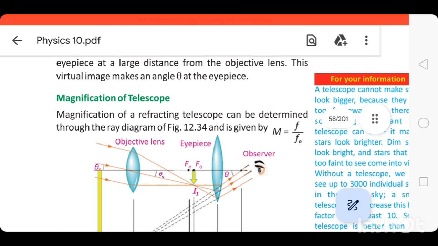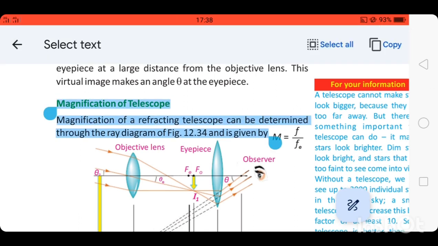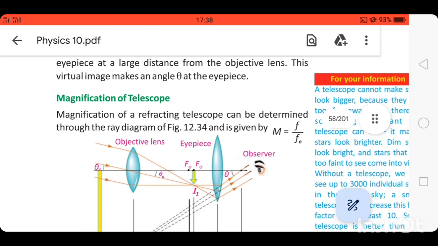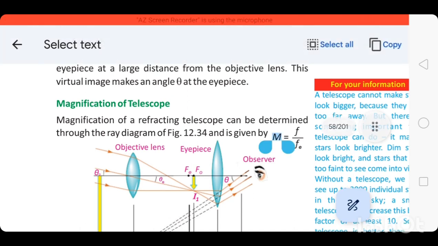The last heading of this topic will be the magnification of telescope. Magnification of refracting telescope can be determined through the ray diagram of figure and is given by the formula M equals fo by fe.